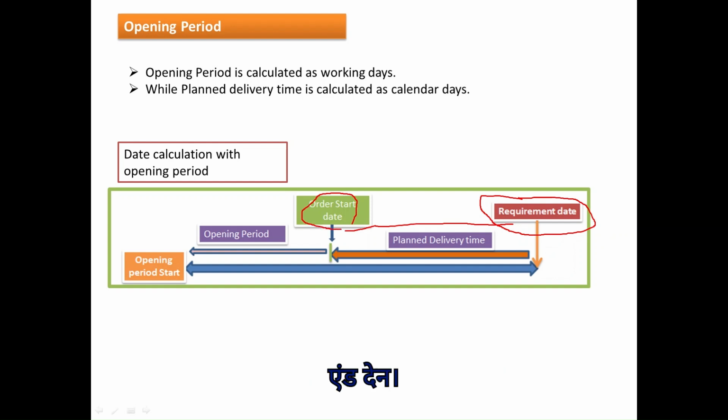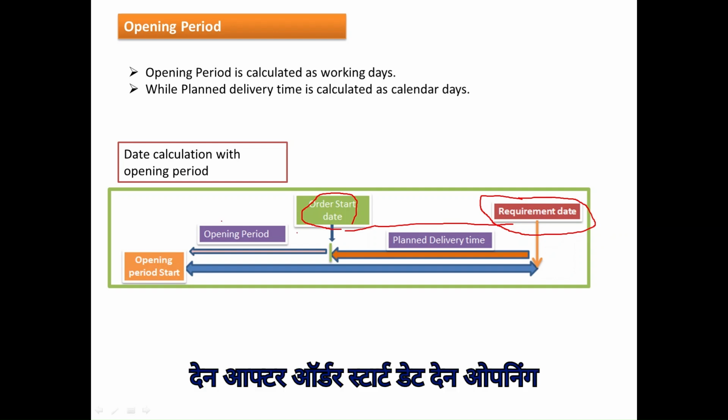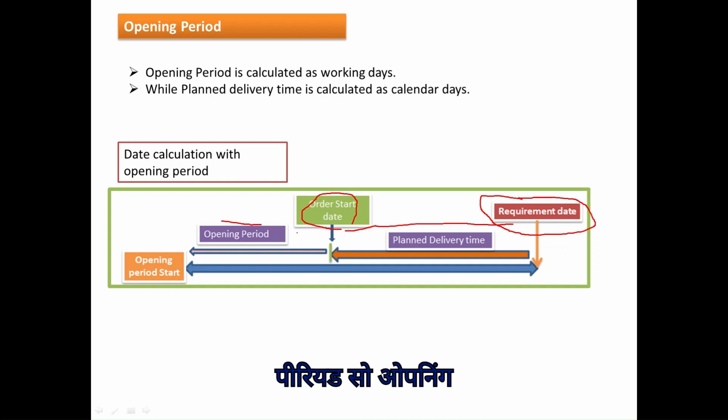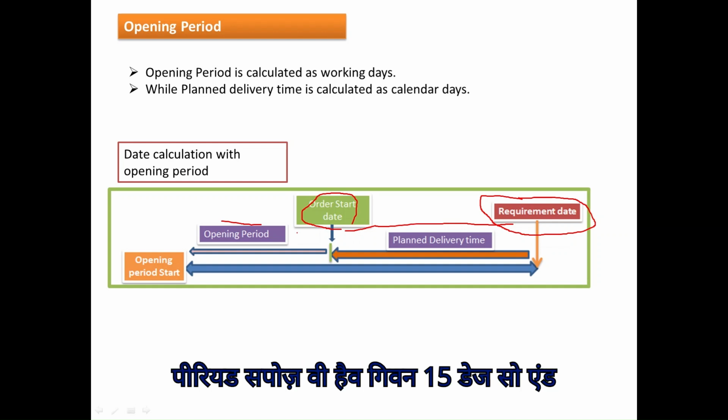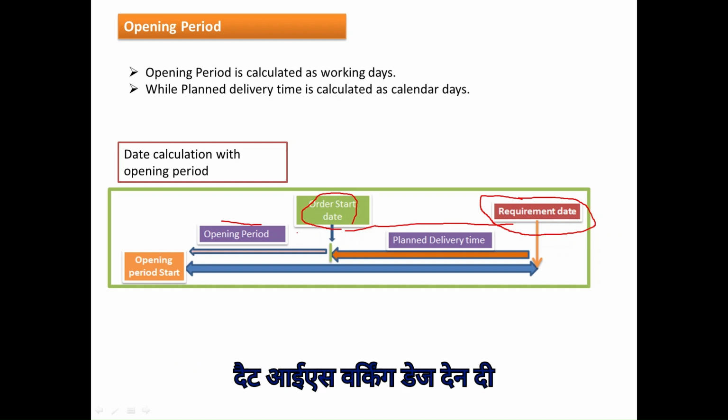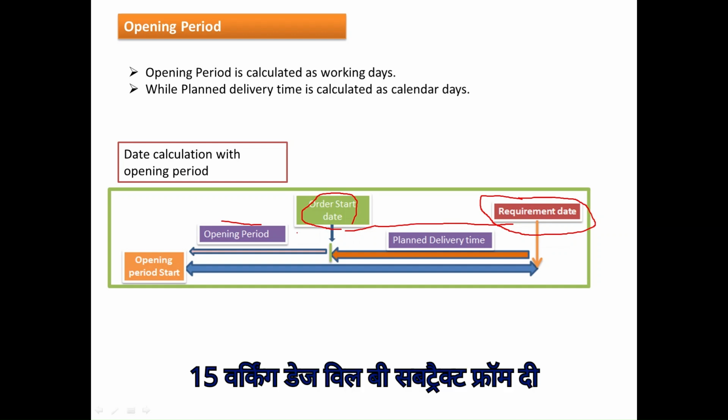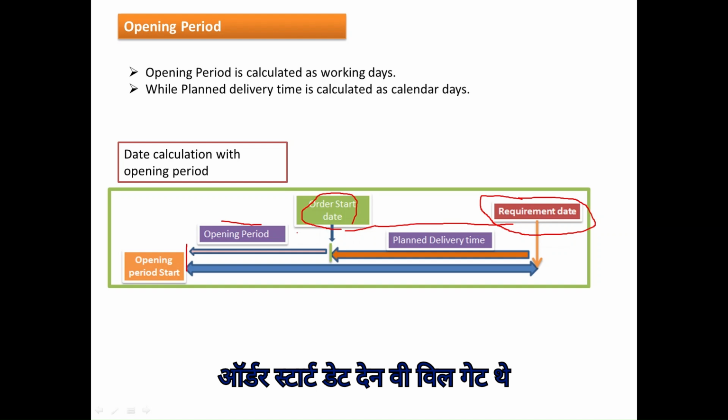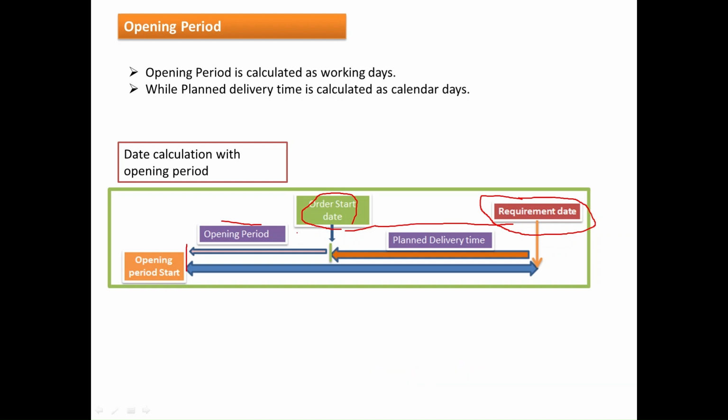And then before the order start date comes the opening period. Suppose you have given 15 days, and that is working days, then those 15 working days will be subtracted from the order start date, and we get the opening period start date.